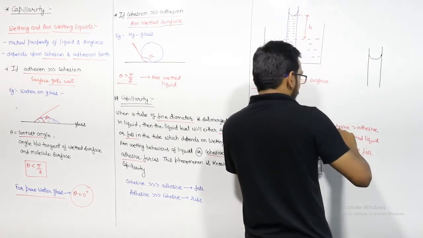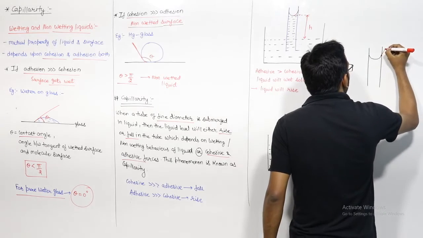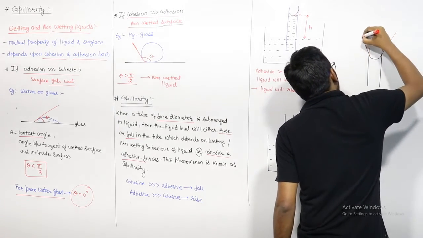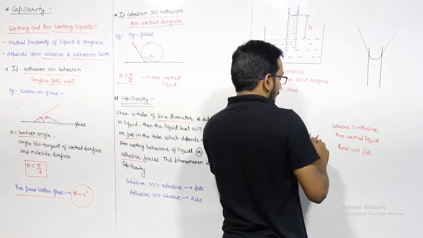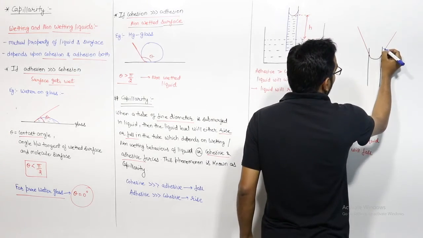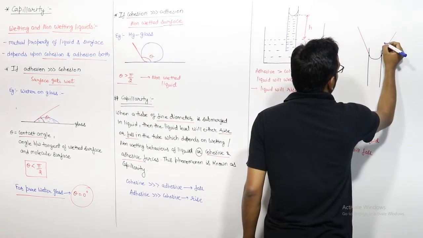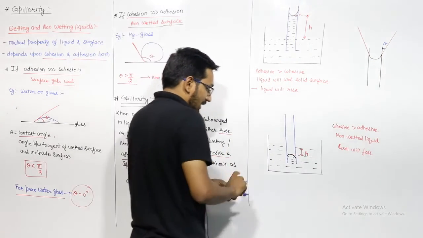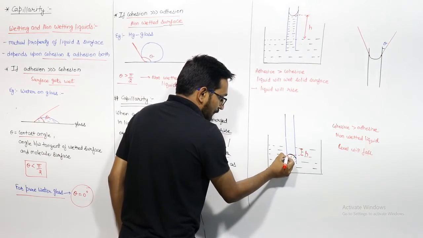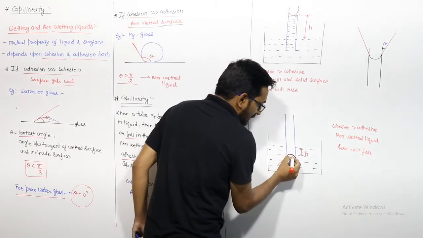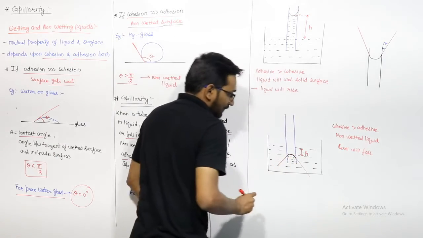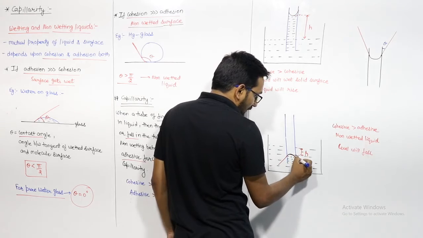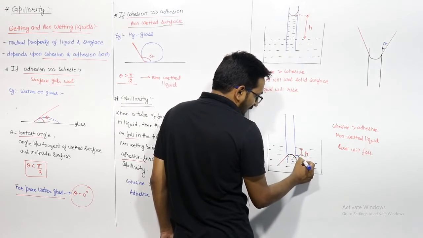If I extend it in this direction and this direction, then this angle is theta. Similarly, in this case, if I extend it like this and like this, this angle is theta.